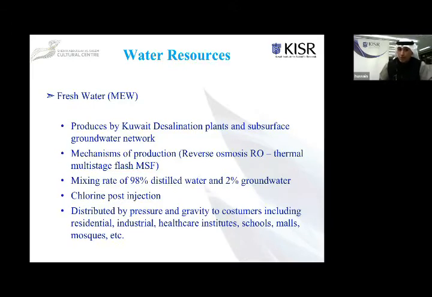So we inject the water with chlorine in order to prevent any germs or bacteria from growing in that water. And as I said, the process of delivering the water to the public relies on both pressure and gravity. The water is pressured to the storage tanks represented by the towers or the subsurface tanks or the service tanks, and then by gravity it is delivered to the consumers, including healthcare institutes, houses, schools, malls, etc.